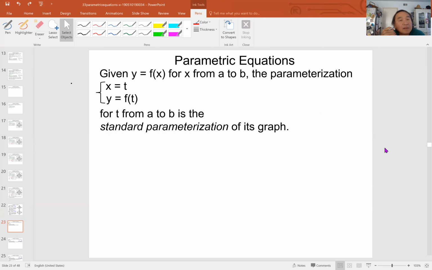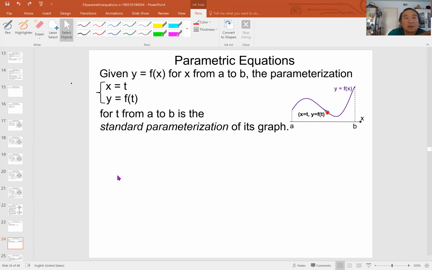For any function, if I start with a function, then there's what we call a standard parameterization. If I want to view the x component as time, and the y component as the function f of t, then this set of parameterizations we call the standard parameterizations.